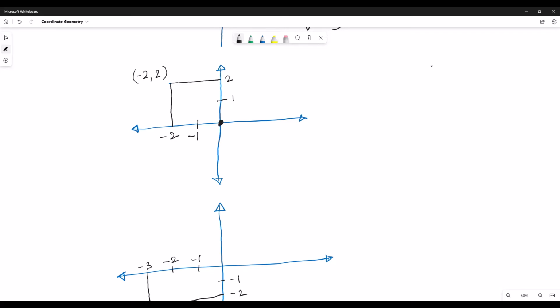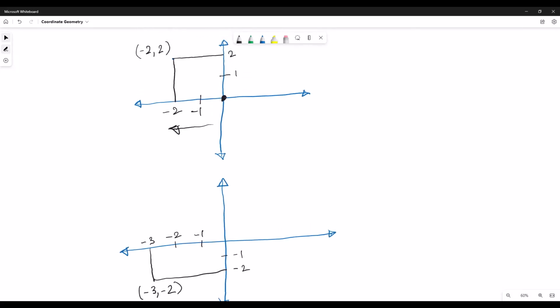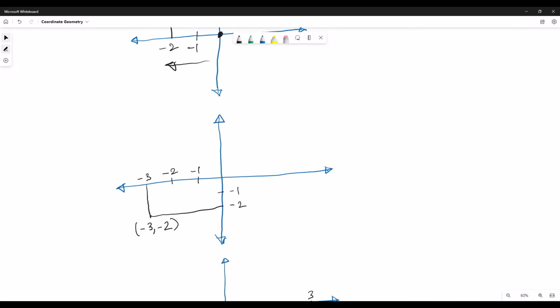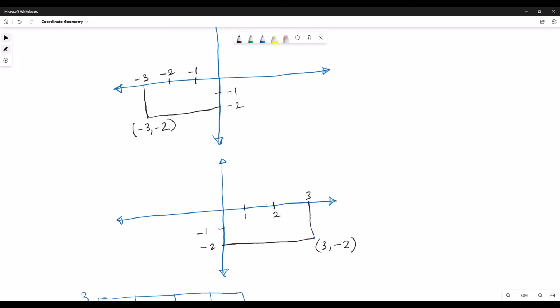So this is minus 2 units away in the negative x direction and 2 units away in the positive y direction. We will further discuss all these points whatever I am telling. Likewise, this is minus 3 units away in the negative x direction and minus 2 units away in the negative y direction. So this is in the negative x direction and negative y direction.